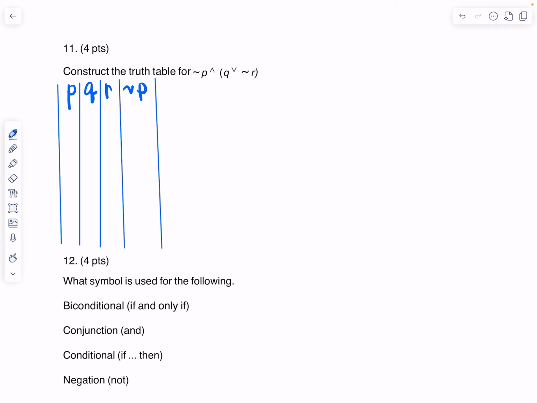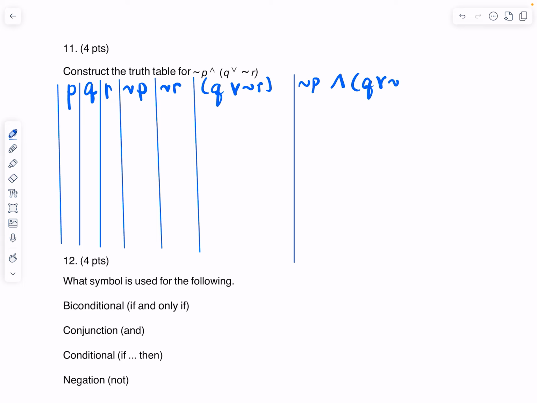And then I'm going to do negation R. And I'm going to do, in parentheses, Q or negation R. So we'll figure out what that is. And then my last step is to put the whole thing together. So negation P and Q or negation R.